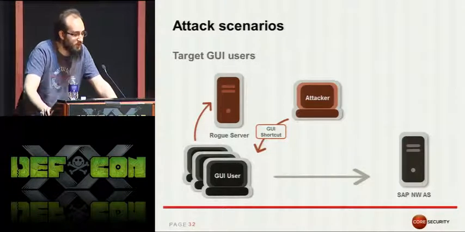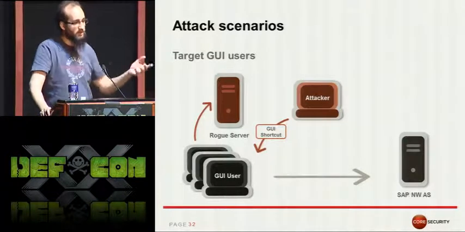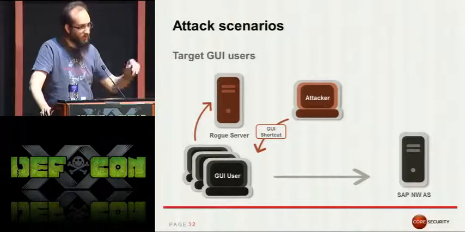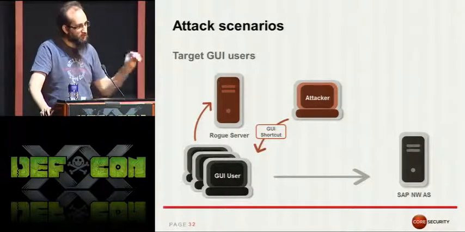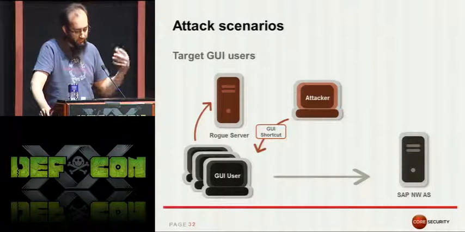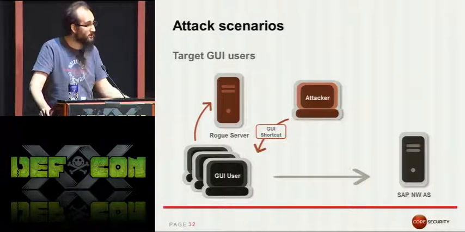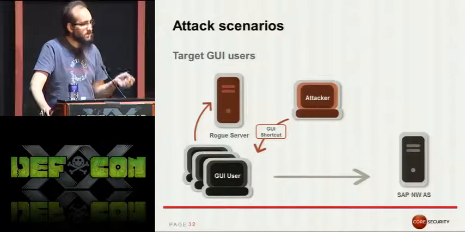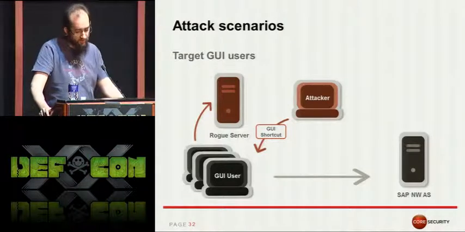So you can send by email, or embed in a web page, different .sap files or GUI shortcuts, and point those shortcuts to your own fake servers, for example, to gather credentials or to inject RFC codes in the clients.